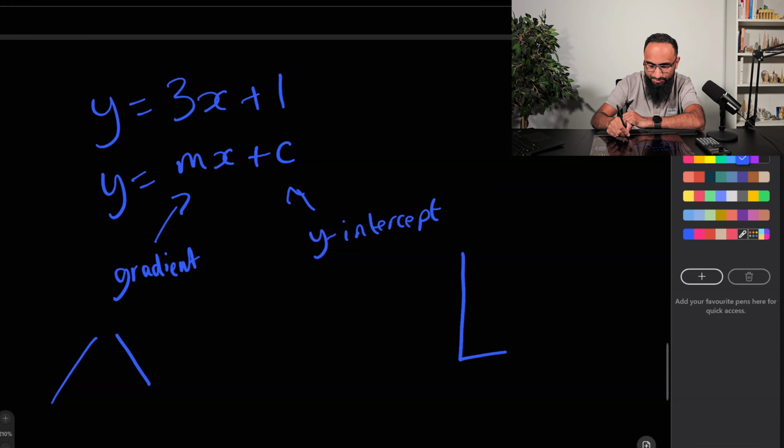So that's the gradient. And the y-intercept is simply on a graph where there's a straight line across the y-axis. So whatever this point is, that is the y-intercept. So now, how do you calculate this, by the way?